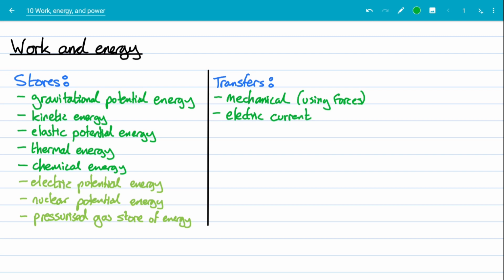But we don't have electrical energy anymore, but a current can be used to transfer energy from one store to another. We have waves, any sort of waves. So transfer by waves, we've already looked at waves as a topic, but this would be light, electromagnetic waves. This could be sound, vibrations in the air, that sort of thing, can all transfer energy like that.